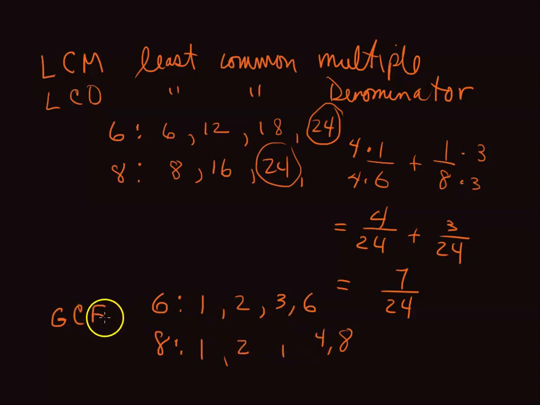So the greatest common factor, well, 1 is a common factor, but it always is. 2 is a common factor. Is that the greatest one? 3 is not common, 6 is not common, so 2 is the greatest common factor once you factor them. Does that make sense? Common multiple is when you're multiplying.